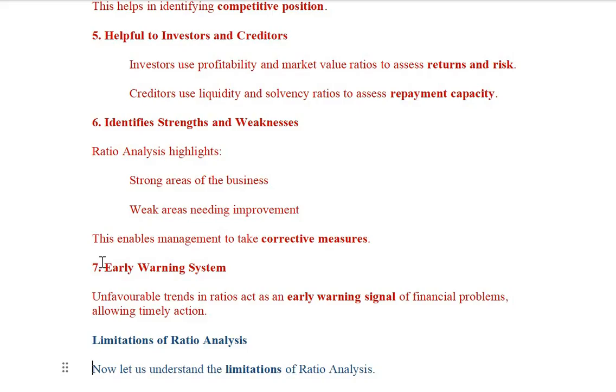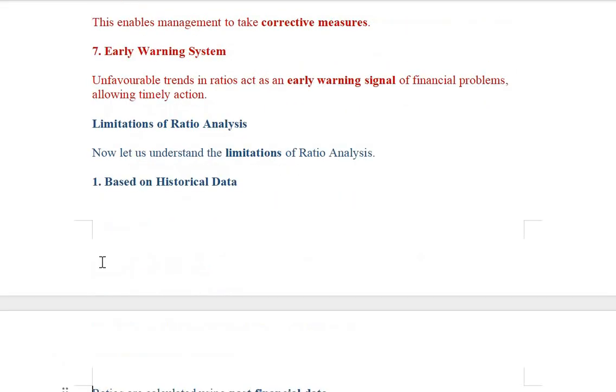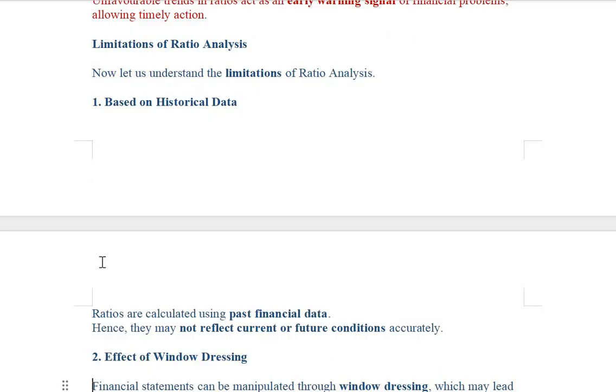Now, if there is an advantage, similarly we have disadvantages of using ratio analysis. The following are the limitations. The first one is that it is based on historical data. When calculating the ratios, we are always calculating based on the data available in the financial statement.